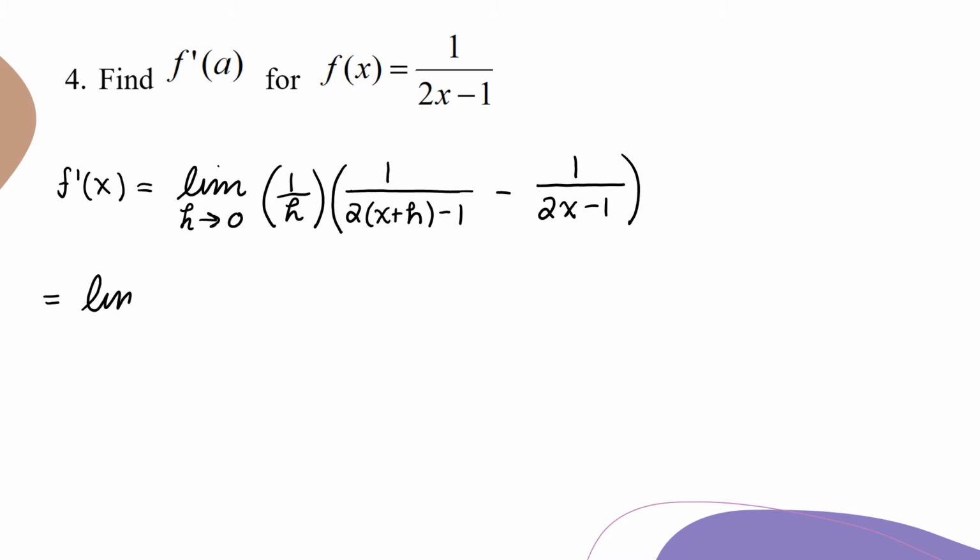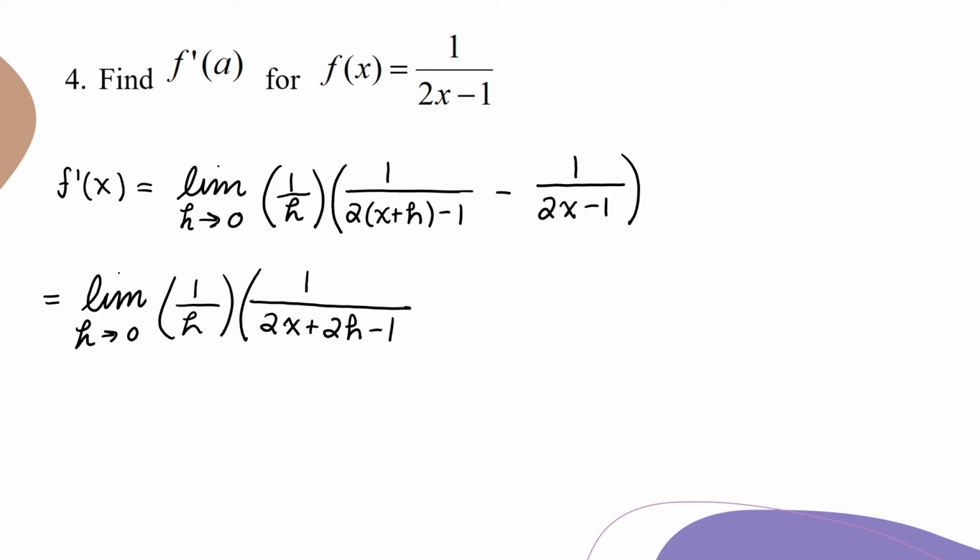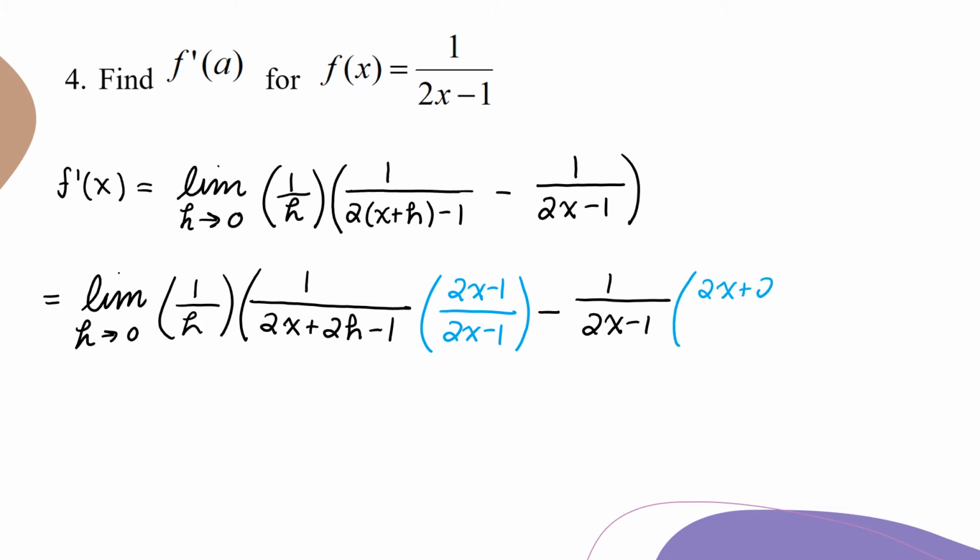So this is equal to the limit as h approaches 0 of 1 over h times 1 over, I'm going to distribute this 2 in this step as well, so I have 2x plus 2h minus 1 times 2x minus 1 over 2x minus 1, minus 1 over 2x minus 1 times 2x plus 2h minus 1 over 2x plus 2h minus 1, so that I find that common denominator.